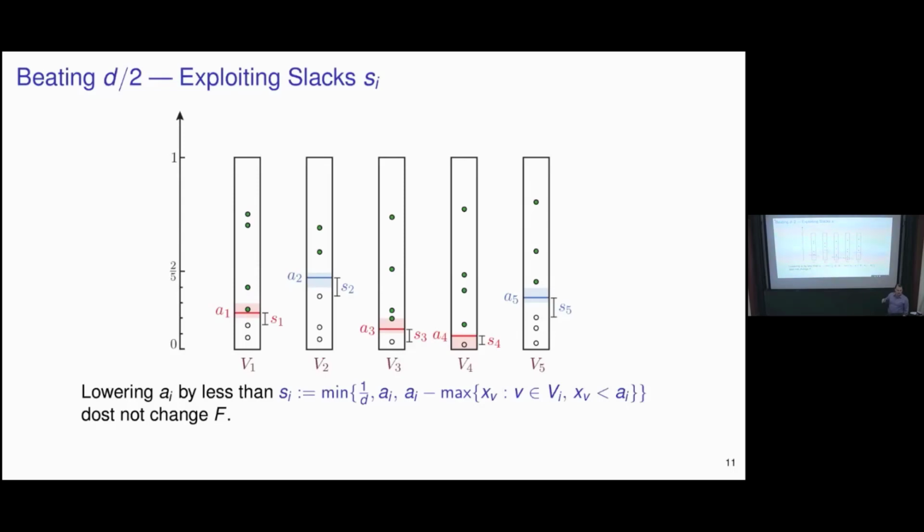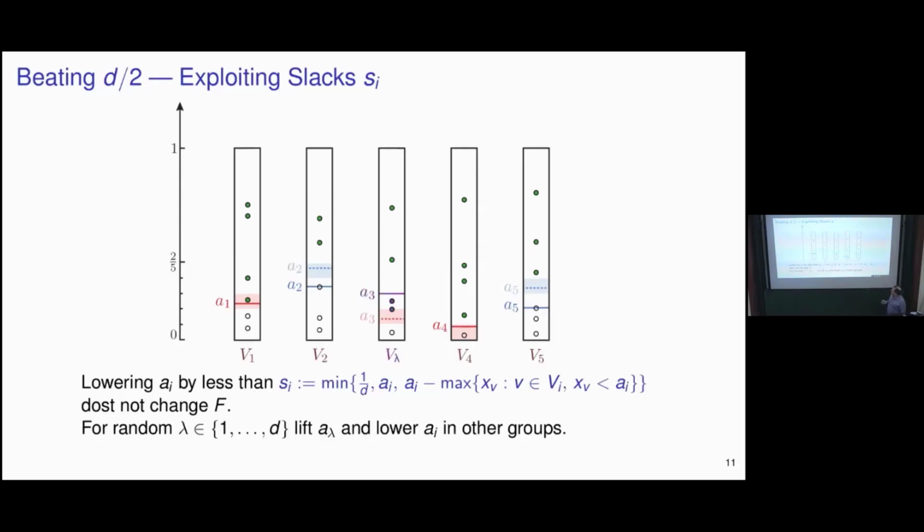But we can only do that if we can lower them elsewhere. And that's the idea, to use these slacks: on most levels, we will lower our threshold a little bit. And then we can randomly again pick one level where we will lift it by the amount that we have saved on the other levels.